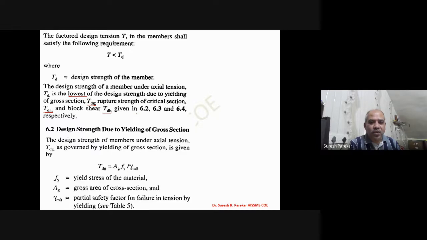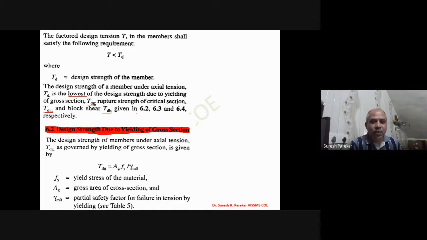Now 6.2 we have TDG equal to AG Fy upon gamma M0. AG is the gross area of cross section, Fy is the yield stress, and gamma M0 is the partial safety factor. And from this we will get the design strength by using yielding of cross section.